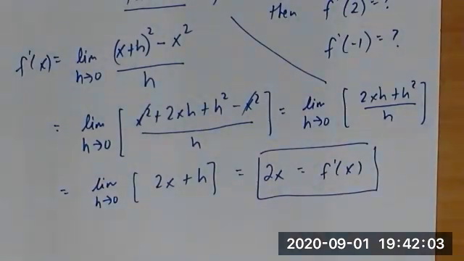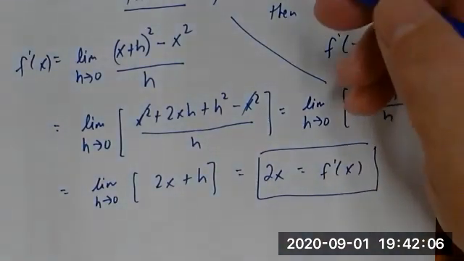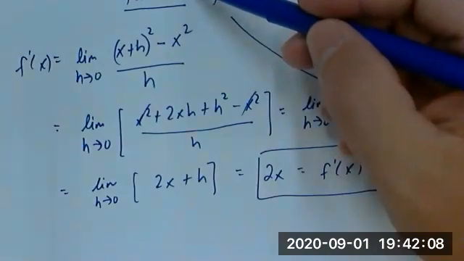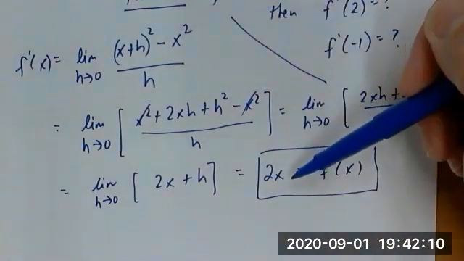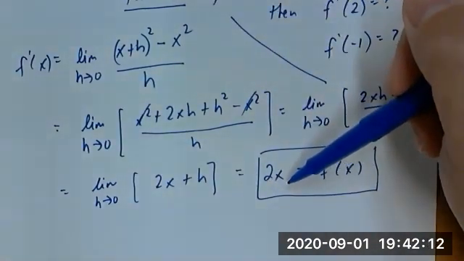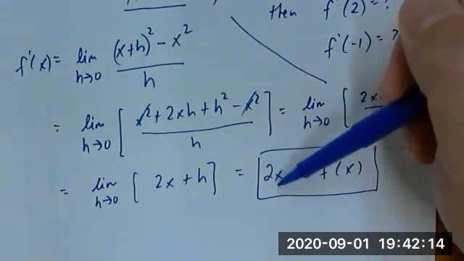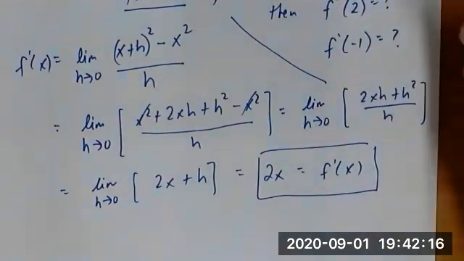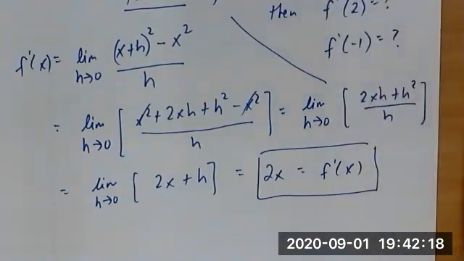So that's my derivative. My original function was x squared. The derivative is 2x. And I came up with this by applying this formula here.